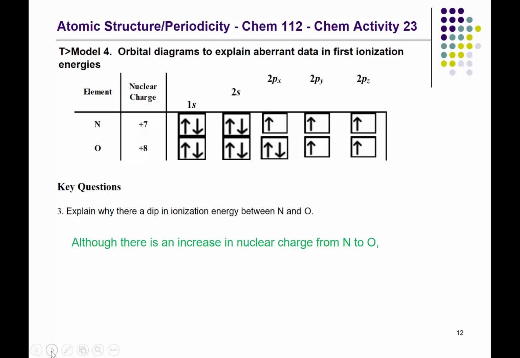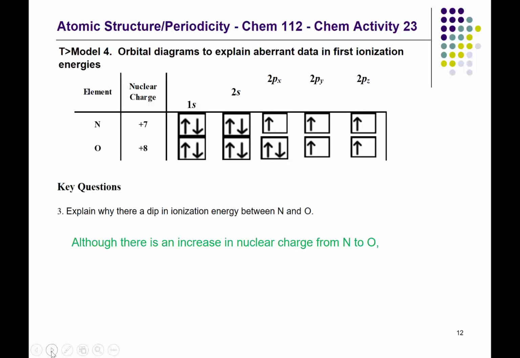Whereas in the case of oxygen, we know that the first ionization energy will be the energy required to remove the electron that, in terms of how I've drawn it here, is in the 2px, and it'll be removed from that orbital because it contains spin-paired electrons. When the electrons are in the same orbital, they have opposite spins, but they still experience greater repulsion than the electrons that are in different orbitals.